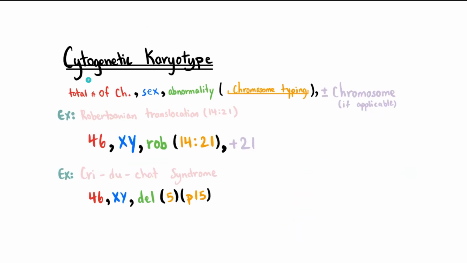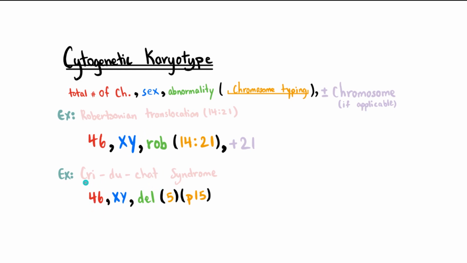So when we talk about a cytogenetic karyotype, for example, when there's an abnormality, we use the number of chromosomes, then we identify the sex, so it's XY, and then we add the abnormality. For example, if it's a translocation, we add t. If it's a Robertsonian translocation, we add rob. Each type of abnormality has its own keyword. Deletion would have del, for deletion.